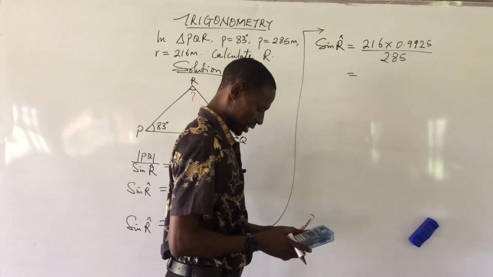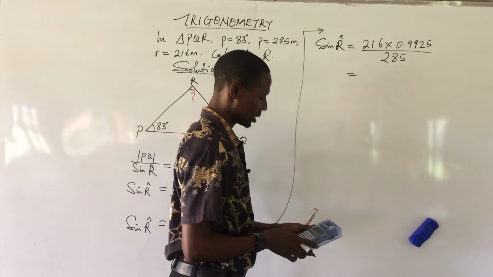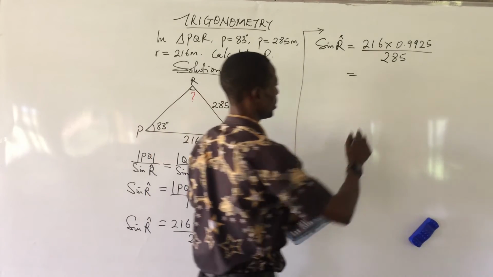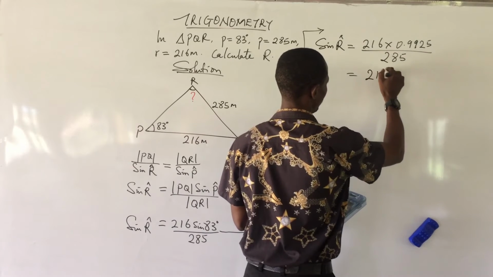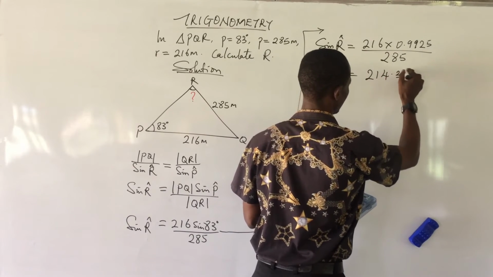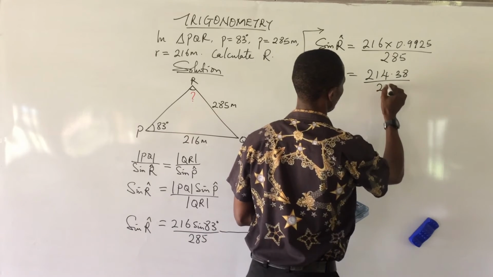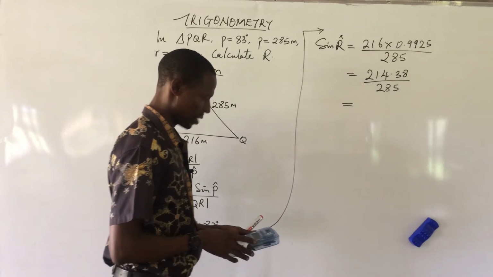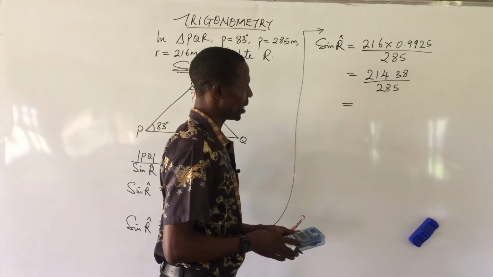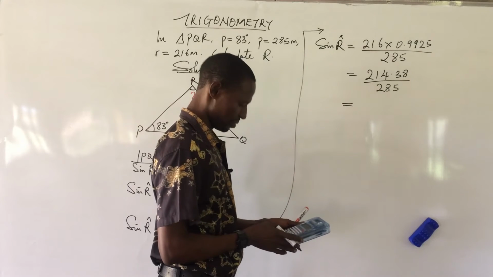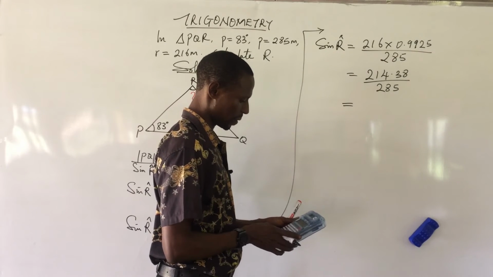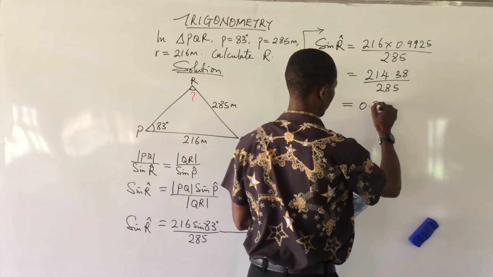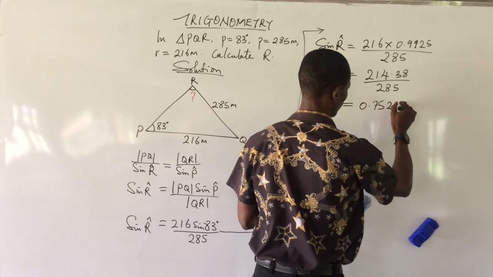We proceed again. Let's multiply the numerator and see what that will give us. We have 216 times 0.9925, which is 214.38, all over 285. If you go ahead to divide, 214.38 divided by 285 gives us 0.7522.